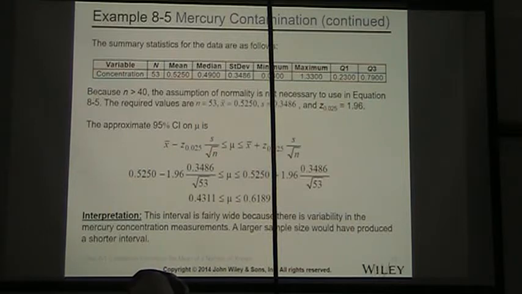the assumption of normality says it's not necessary to use, but we use that assumption. The values that we need: n equals 53, x bar equals 0.5250, our sample standard deviation is 0.3486, and z of 0.025 equals 1.96.